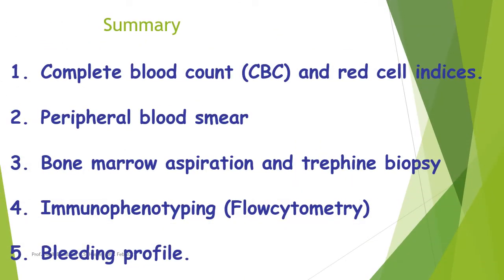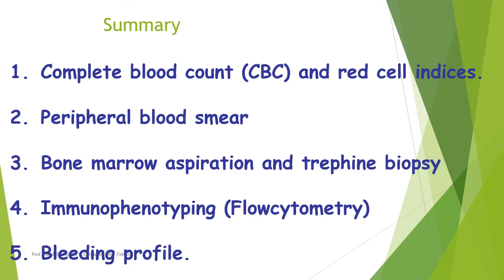To summarize, we discussed that the complete blood count and red cell indices together with the peripheral blood smear are very important and essential investigations that should be done for all patients, and they reflect a lot of diseases.